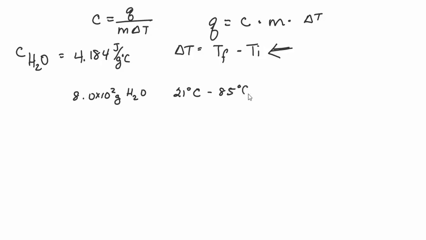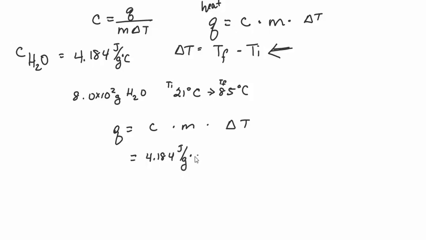So this is our T initial, this is our T final. How much heat did the water absorb? Well, we start with our equation. Q equals c m delta T. c for water is 4.184 joules per gram degree Celsius.